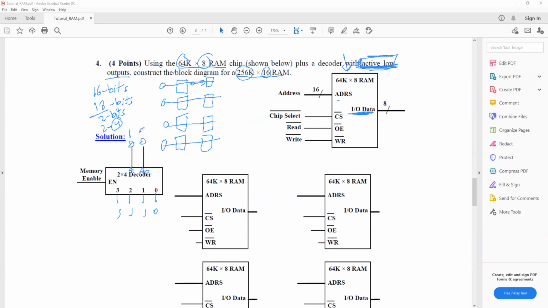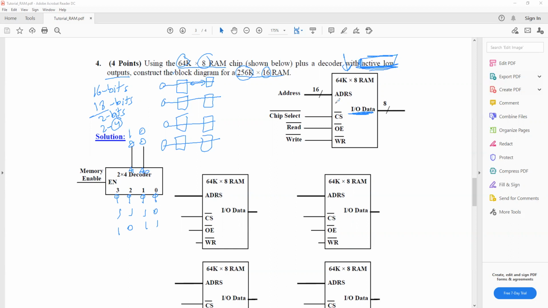If this is 1 0, which is address 2, that means this output is 0 and the others are ones. Okay, is this part clear? There should also be bubbles at the output to indicate that this is an active low decoder.